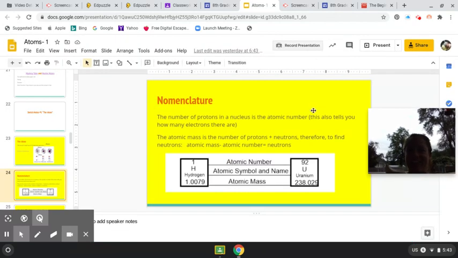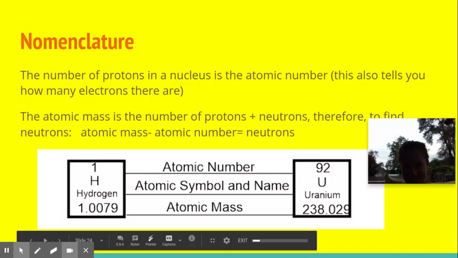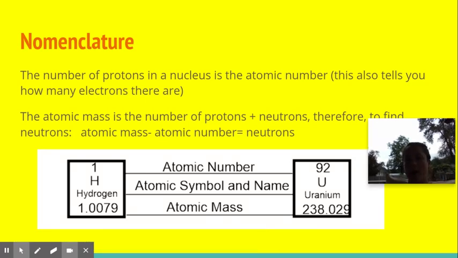So the number of protons in a nucleus is the atomic number. This is no matter what, that never changes for that particular element. So if you have 1 proton, you will always have a hydrogen atom. It doesn't matter how many neutrons or how many electrons there are.